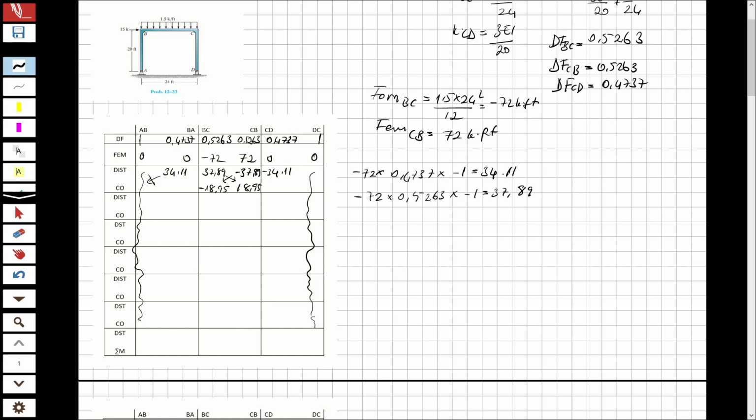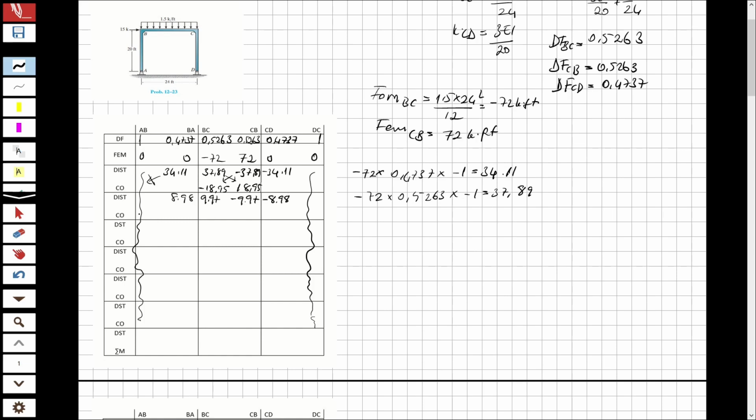So that will be minus 18.95 times 0.4737 times minus 1, that will be 8.98. This will be minus 8.98. This times its own distribution factor and times minus 1 right here. And this is also minus 8.97.